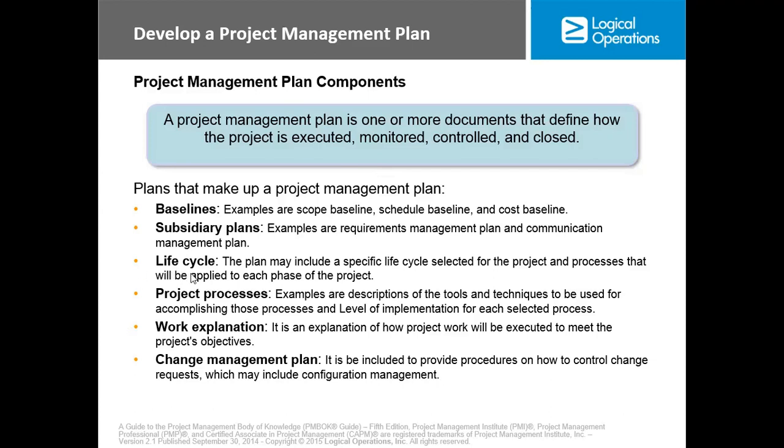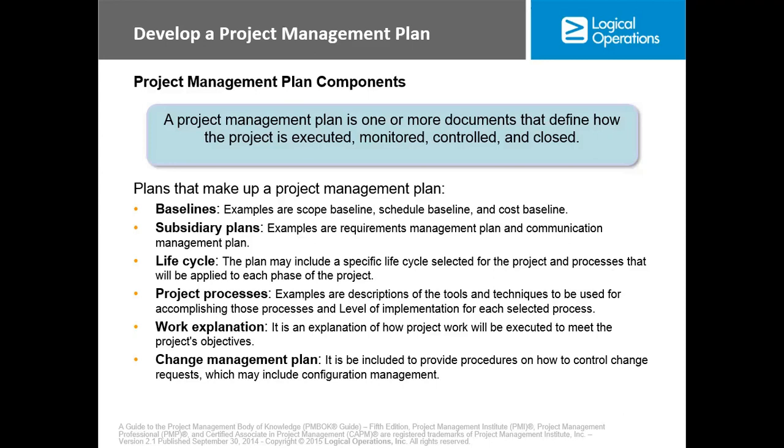You have the life cycle. Okay, the plan may include a specific life cycle selected for the project and processes that will be applied to each phase of the project. Now, project processes, examples are descriptions of the tools and techniques to be used for accomplishing these processes and level of implementation for each selected process.